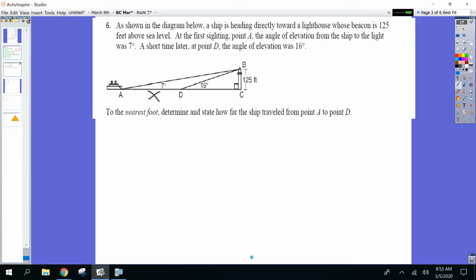If you take a look at it right now, AD is a full side in what triangle? Triangle ADB. Is that a right triangle? No. So if you wanted to use SOHCAHTOA on that triangle, it's not happening. Okay, but Naomi?